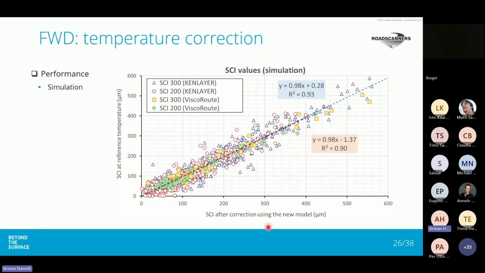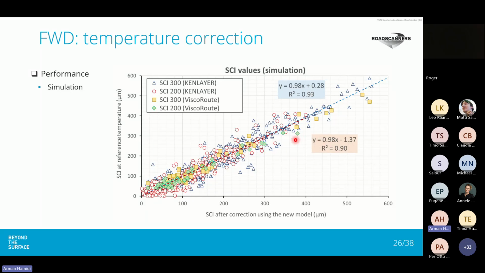We see that after applying this correction model, the values can predict SCI values at reference temperature, as these points are mostly aligned along the line y equals x, and also there are linear regression models with high coefficient of determination for both SCI 200 and SCI 300.